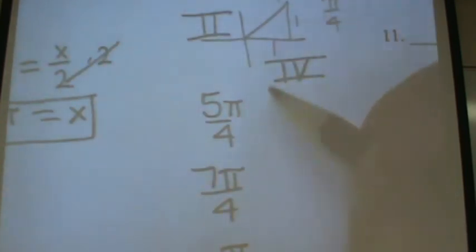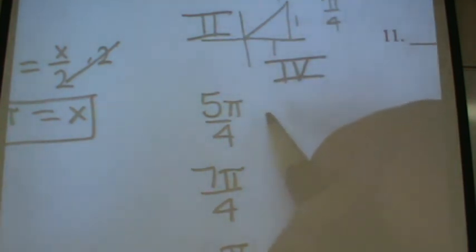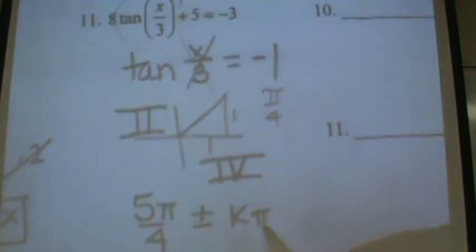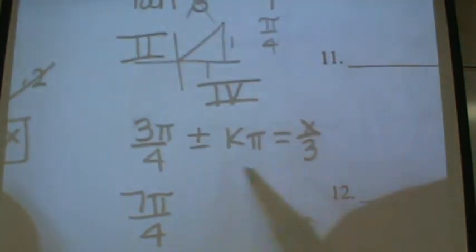You could go backwards. Now, these are all good answers. But add k pi to this, and you're set. All you have to do is set this equal to x over 3. Not 5 pi over 4, 3 pi over 4. My bad. Sorry, 3 pi over 4 is in quadrant 2.